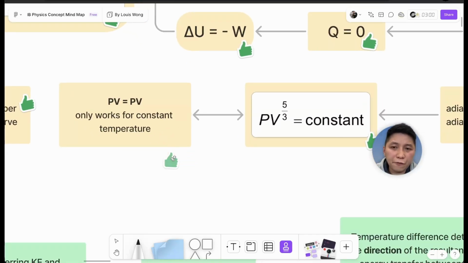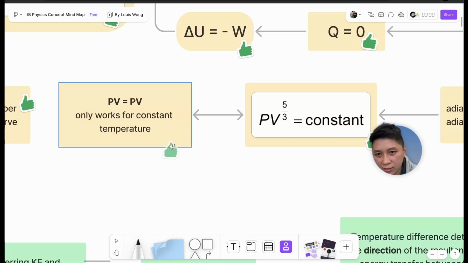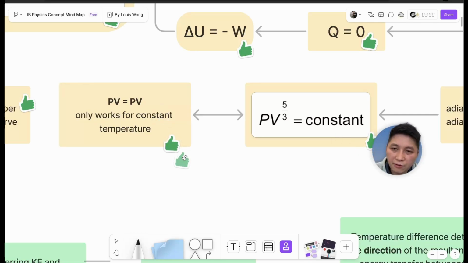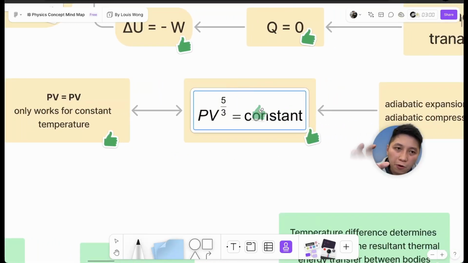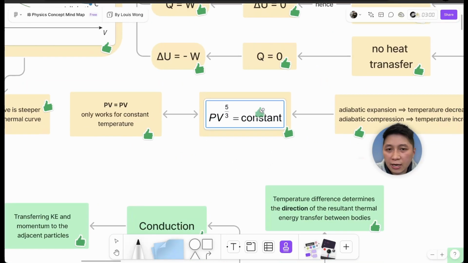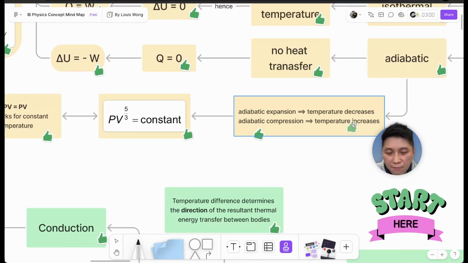However, if you think about the whole ideal gas law, PV equals nRT, this PV equals PV thing, 1 and 1, 2 and 2, of course Boyle's law, only works for constant temperature. So only if temperature is the same, then you can have this one. While for adiabatic, it's not. We just talked about the temperature change.